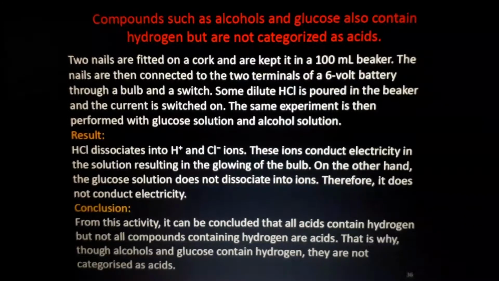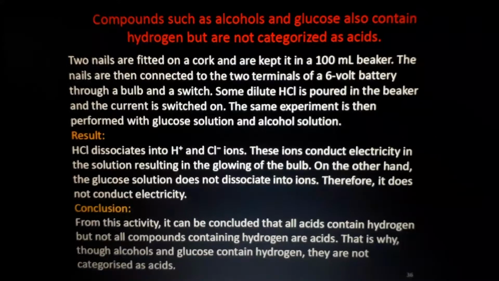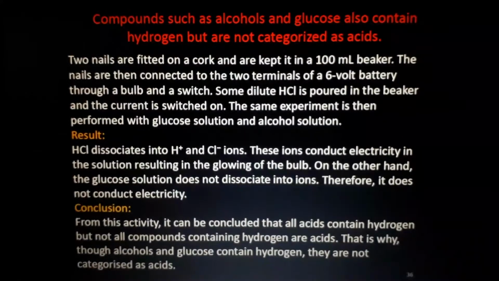So that is why, though alcohol and glucose contain hydrogen, they are not categorized as acids. The question will be like this: why are alcohol and glucose not categorized as acids even though they contain hydrogen in them?